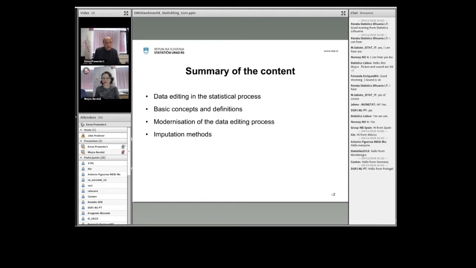At the end, I will briefly tackle also one very vital area, imputation methods. Because imputation methods are so much connected to data editing, I included at least one short part of this area.